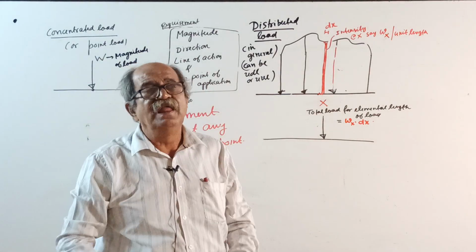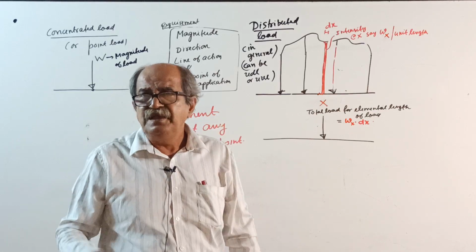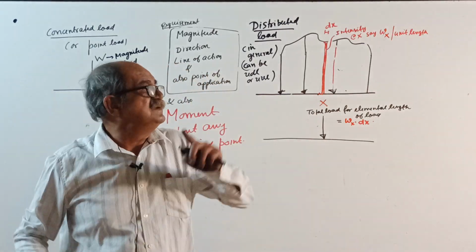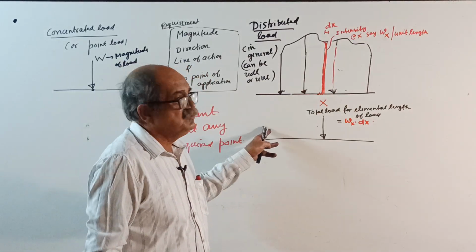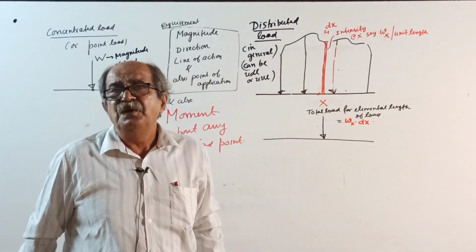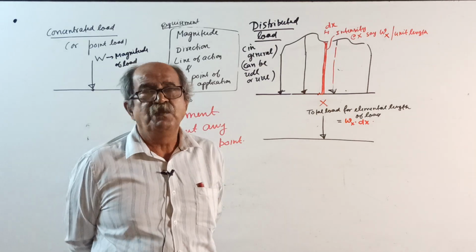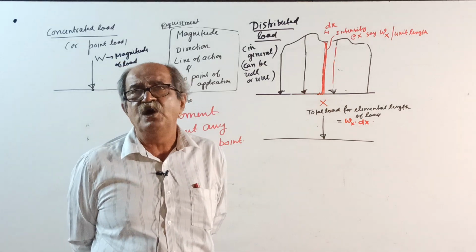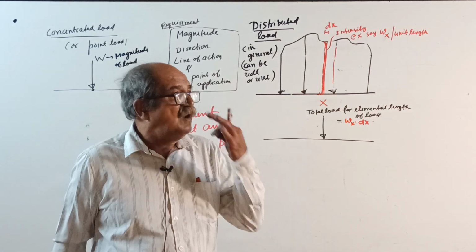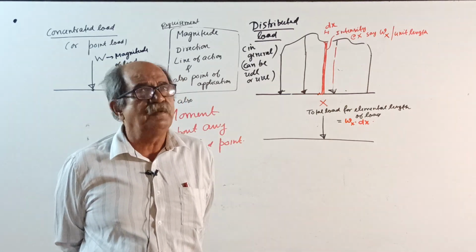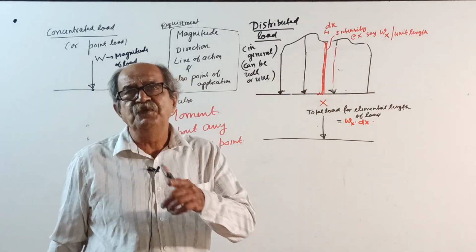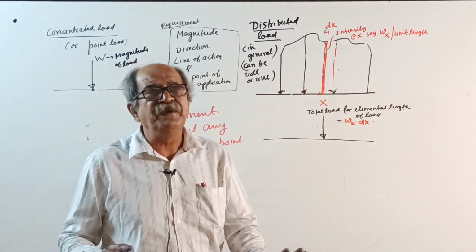And then I will tell how to find the moment about any point, some point there, wherever required. That's why this class is going to be in parts. One for point load, one for UDL, one for UVL with the triangle, maybe two classes for UVL with the triangle, one class for load with the trapezium. If you master everything, you will have no difficulty in future.